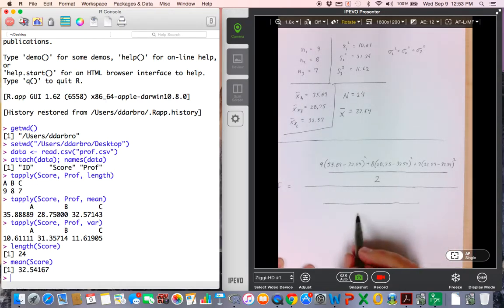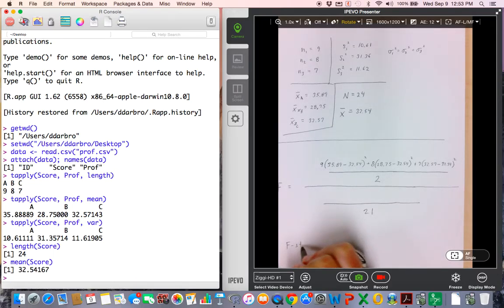I'll go ahead and come down here. My sample size is 24 minus 3, so my degrees of freedom here are 21. So we know that this F statistic will follow the F distribution, degrees of freedom 2, 21.